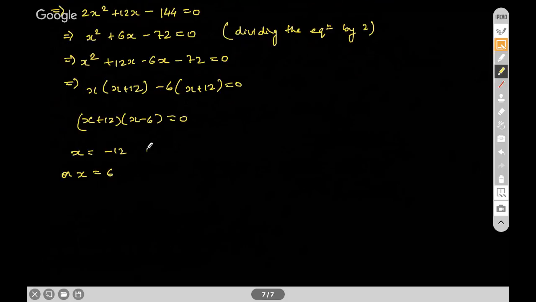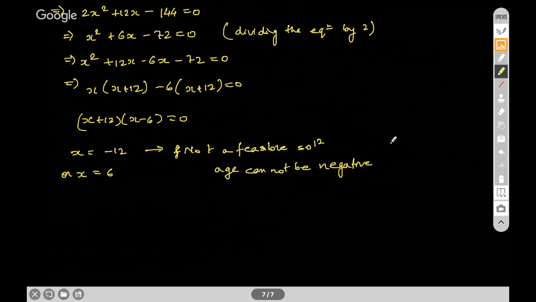But clearly, negative 12 is not a feasible solution. Why? Because age cannot be negative. So x equals 6 is the right solution.